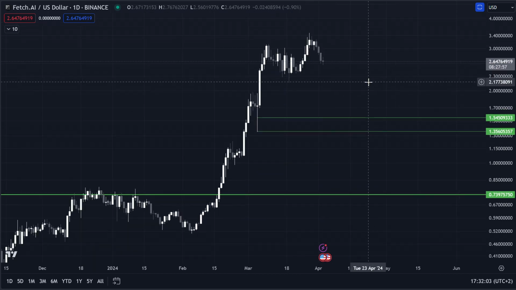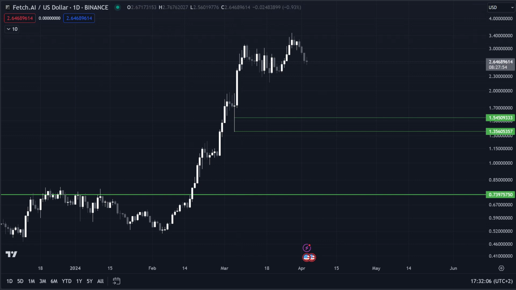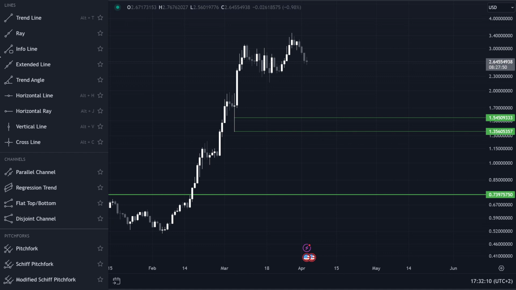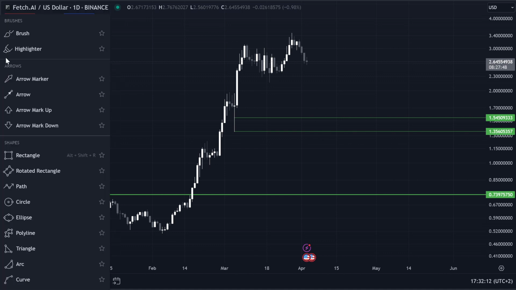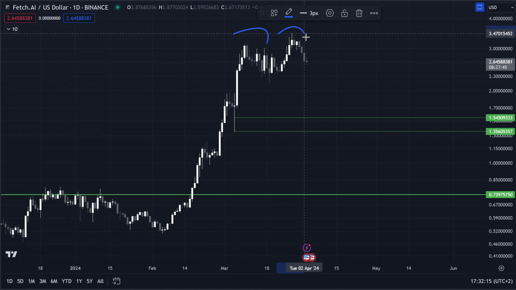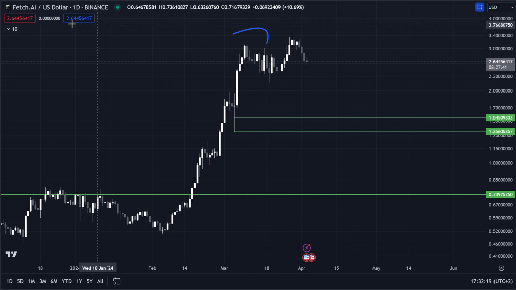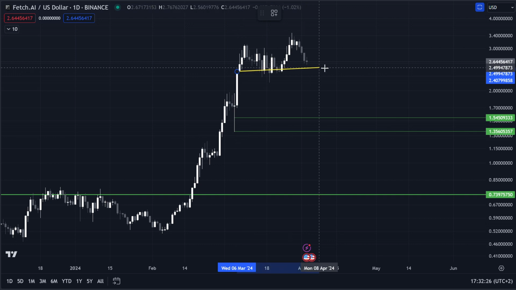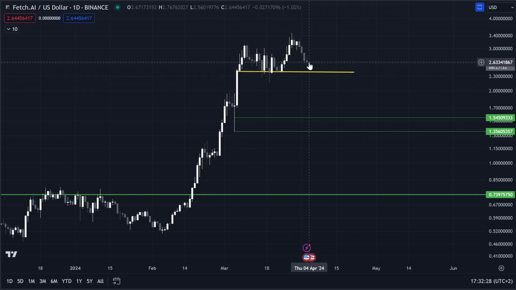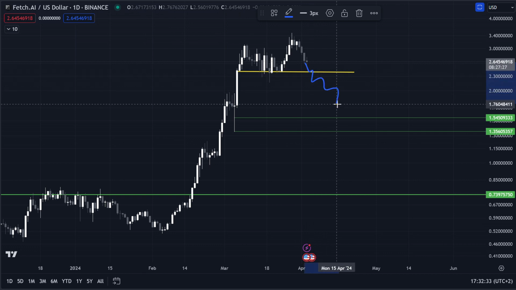At the same time, we see the market structure, we see that we are forming a kind of double top, no? It could be possible that if we lose the neckline, so if we start to go here and we lose this level, we are going to go into this area.